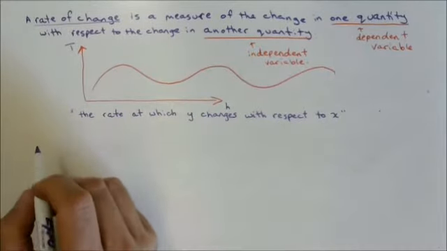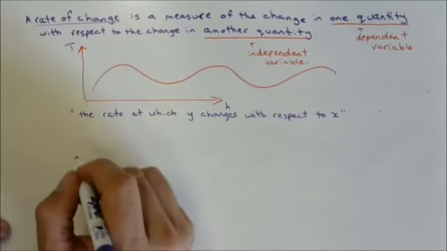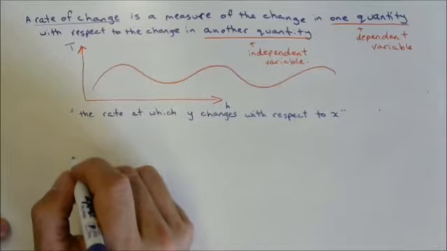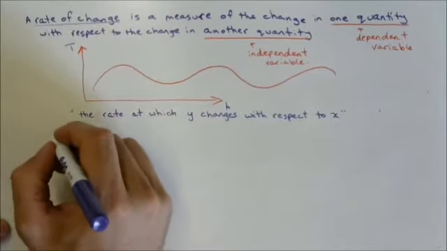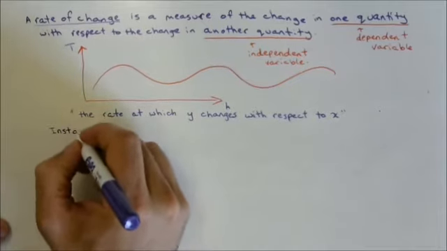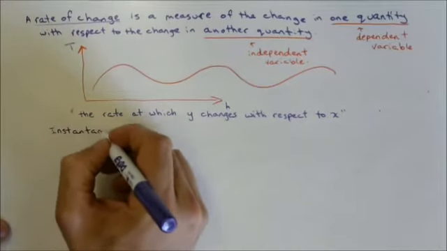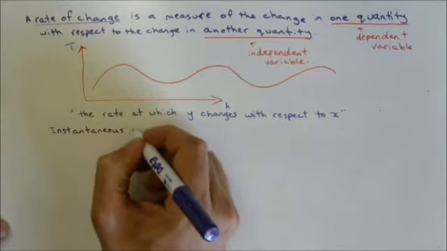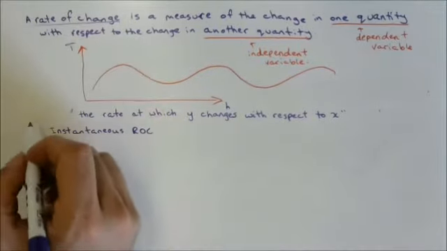All right, there are two types of change. We can talk about average change and instantaneous change. Say instantaneous first. Instantaneous ROC.